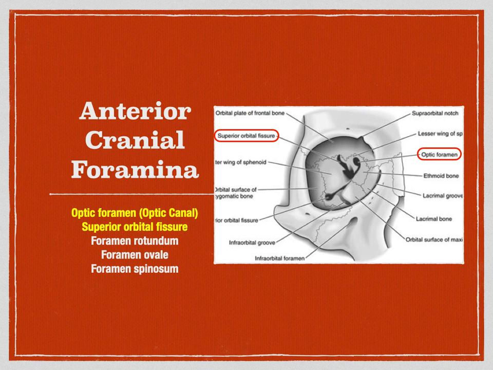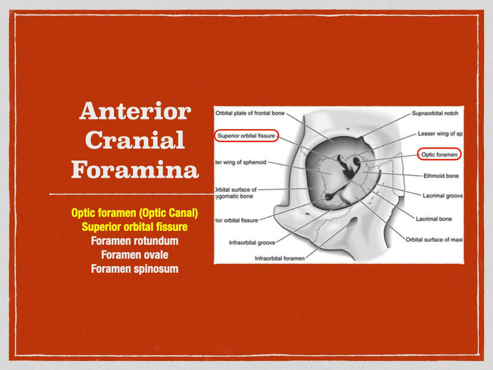And a fissure is sort of a slash-like opening. Foramina are typically oval or round, but that slash-like opening that you see is what is typically called a fissure. Notice there's one down lower as well. That's the inferior orbital fissure. We won't deal with that much.